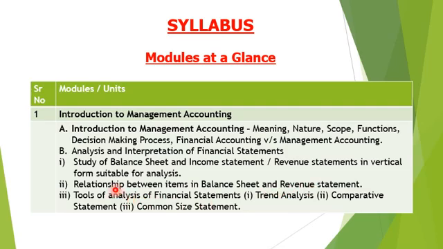First, clarify the difference between the items of the balance sheet and the income statement, so that we can easily solve the problems regarding them. The next one is the tools of analysis of financial statements. These are the types of analysis. But before that, we make the balance sheet format and the income statement format.